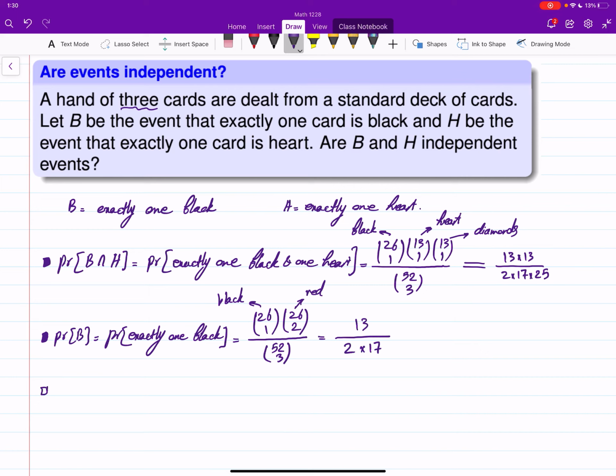How about probability of H, which is probability of exactly 1 heart? This is, okay, 13 hearts, choose one of them. The rest will come from the black ones and diamonds.